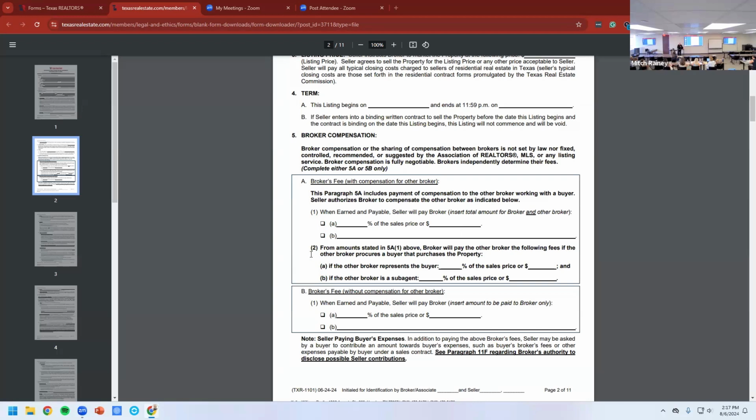And then 2 is how much of 1A are we going to offer to the buyer's agent? Just like it was before. What's the split going to be?